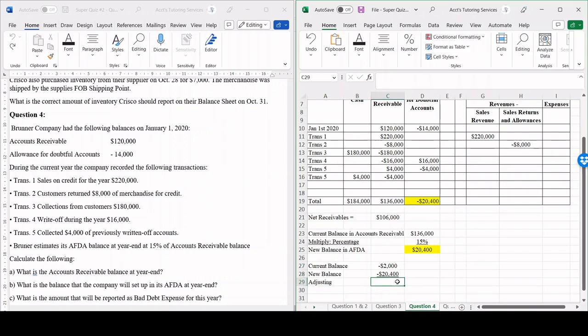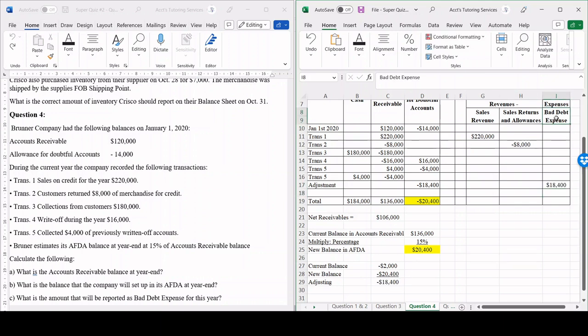So we do negative 2,400 minus negative 2,000 to arrive at negative 400. So the adjustment at year end, we're going to increase allowance for doubtful accounts by the negative 400, which is the difference. And then we're going to set up an account called bad debt expense, and we're going to increase bad debt expense by positive 400.